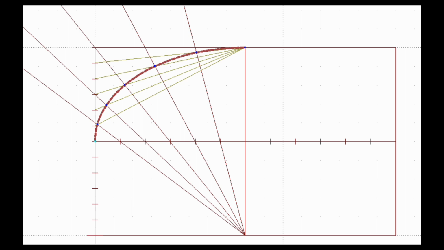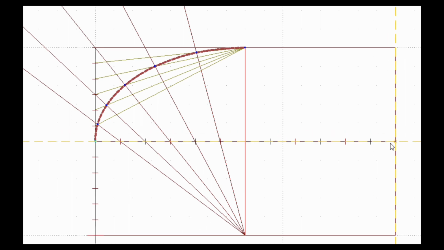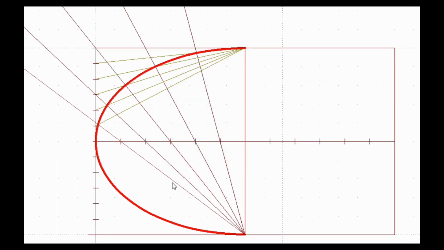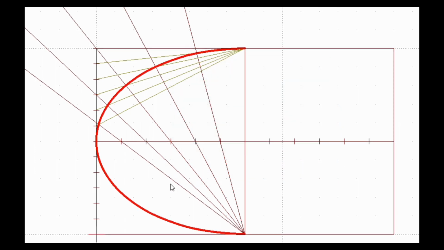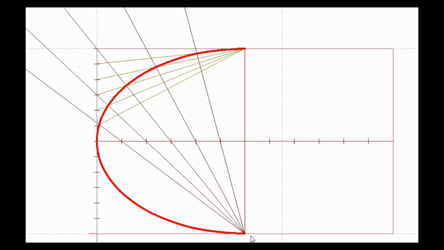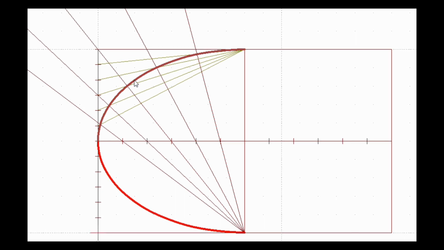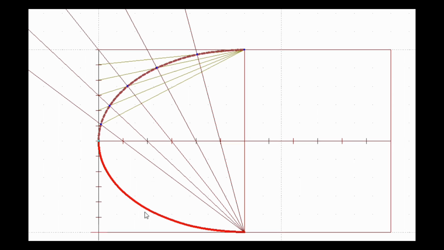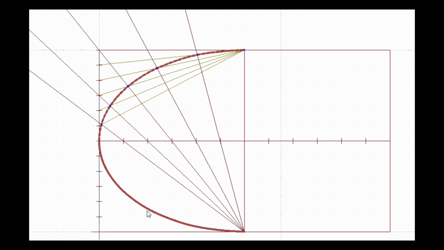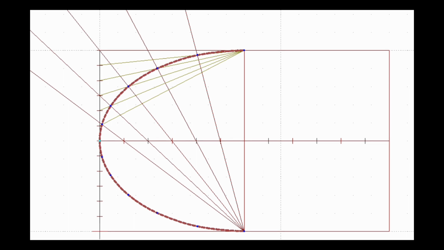Let's mirror the geometry that we have got along the major axis first. Okay, so this is the left half of the ellipse that we got. Now, if we mirror these curves along the minor axis, we get the full ellipse. So let's do that.